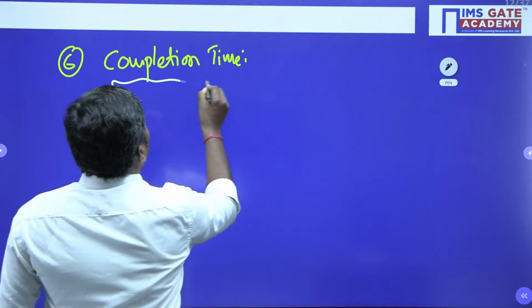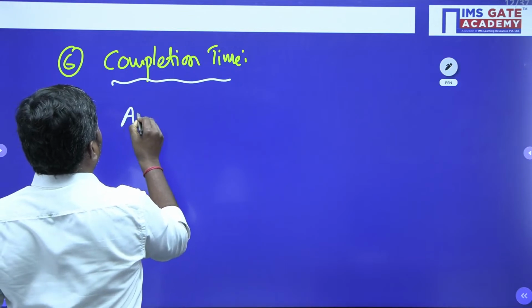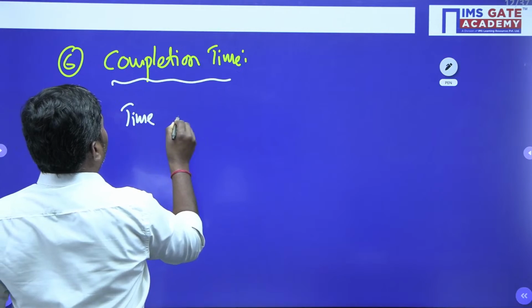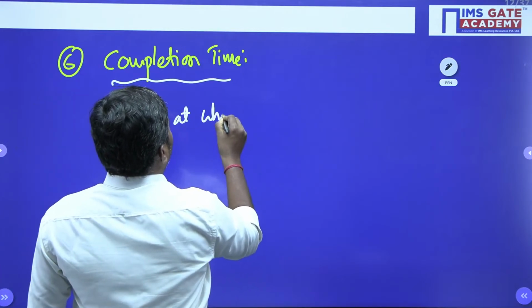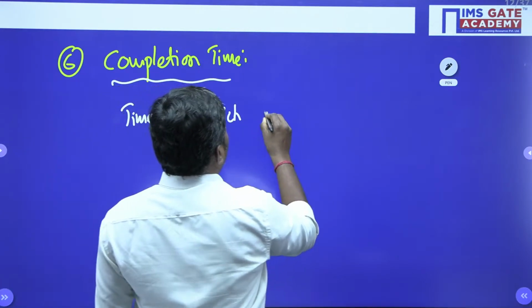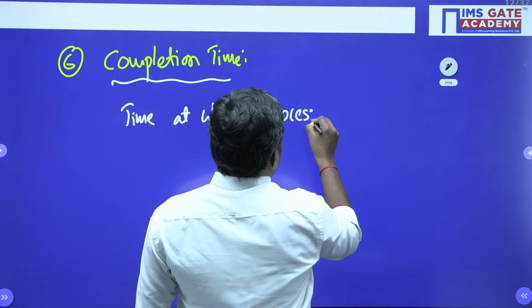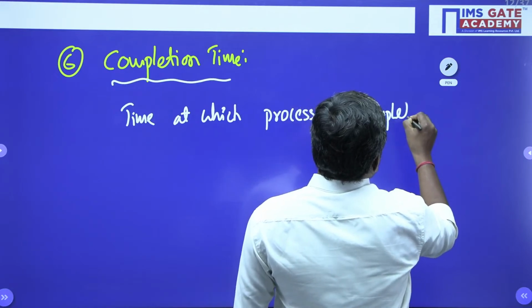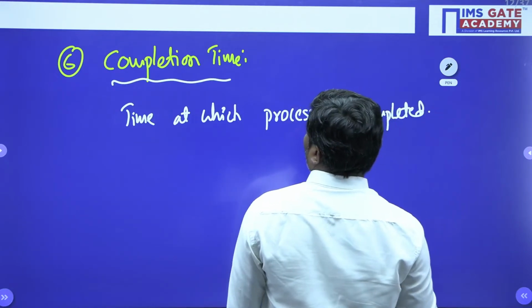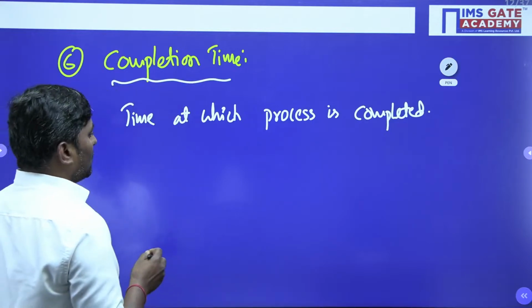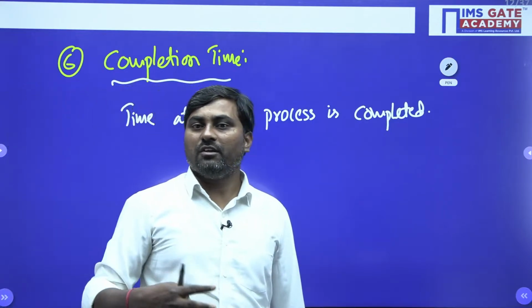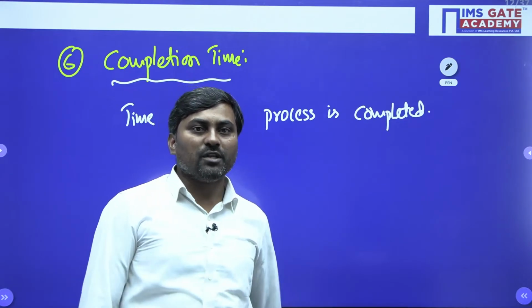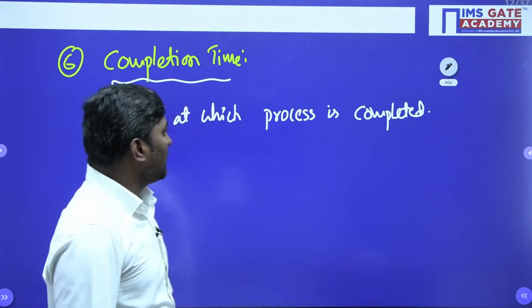Completion time is nothing but the time at which a process is completed. Whenever the process is completed, eventually it will move from running state to termination state, right? That time we call completion time.